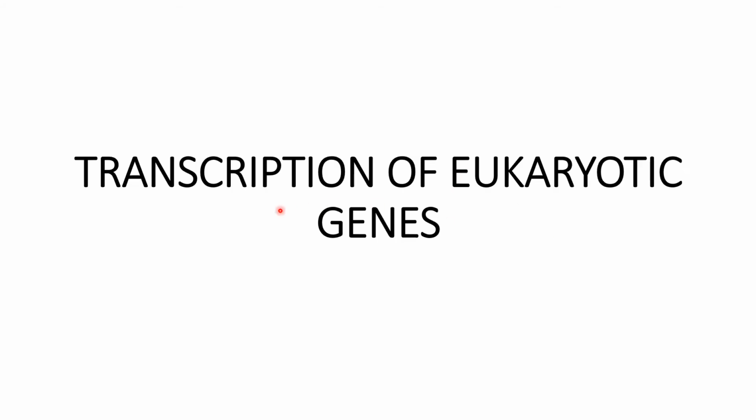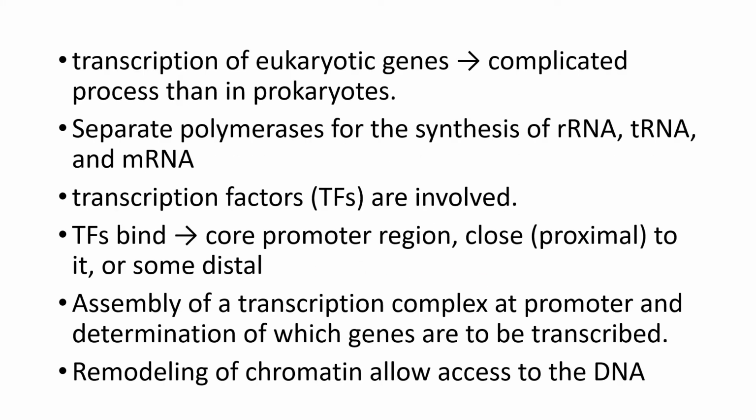Now comes transcription in eukaryotic genes. Eukaryotic genes are much more complicated as compared to prokaryotes, so the transcriptional process is also very complicated in eukaryotes. In prokaryotes, only one polymerase can synthesize all types of RNA.